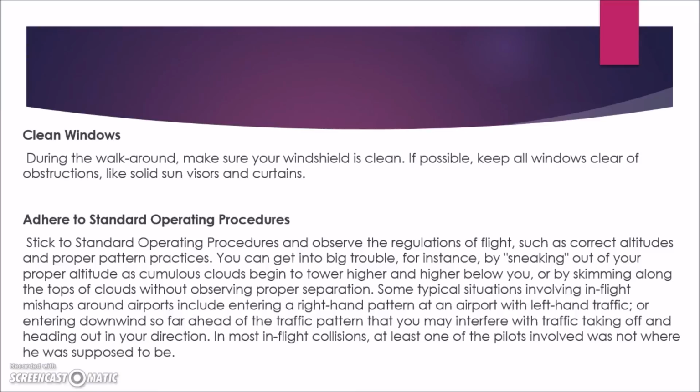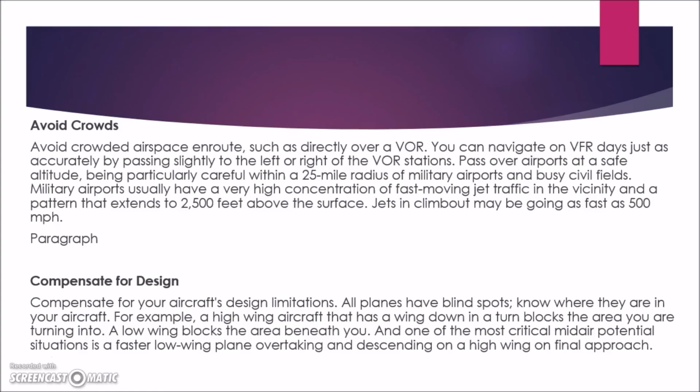Some typical situations involving in-flight mishaps around airports include entering a right-hand pattern at an airport with left-hand traffic, or entering downwind so far ahead of the traffic pattern that you may interfere with traffic taking off and heading out in your direction. In most in-flight collisions, at least one of the pilots involved was not where he was supposed to be.